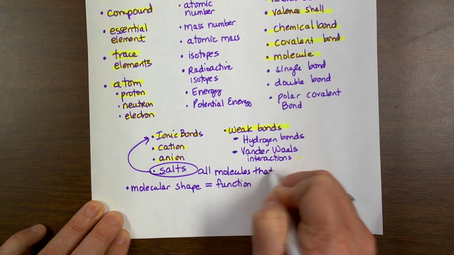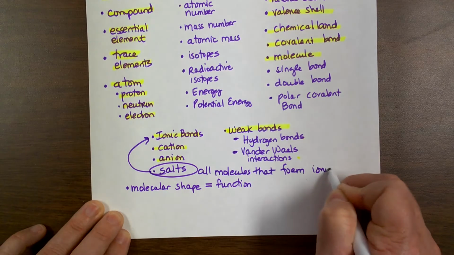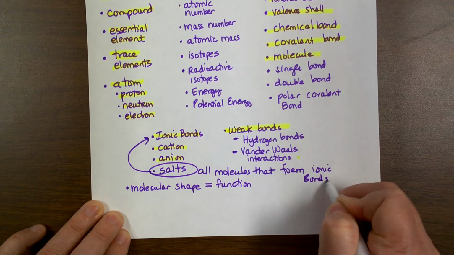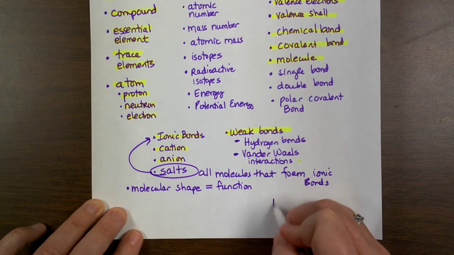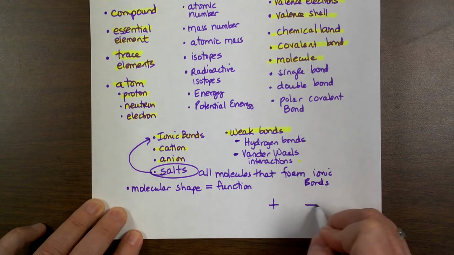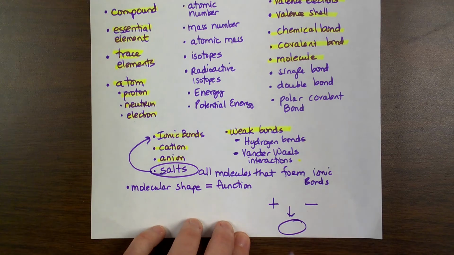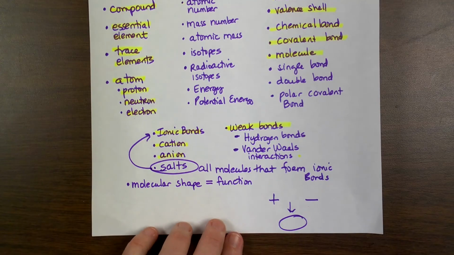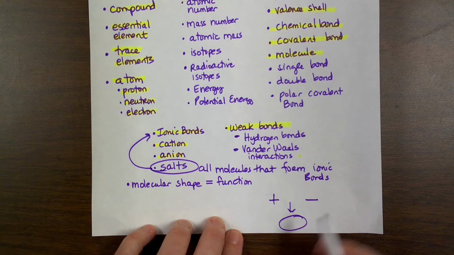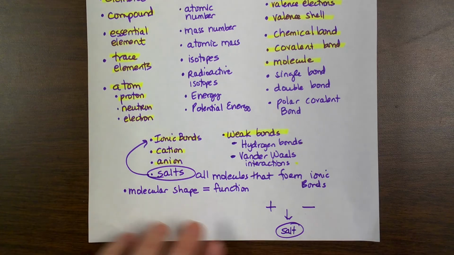So whenever you put a cation with an anion and you make an ionic bond and you get your compound, anything that gets made is called a salt. Okay, so that helps you out with that.